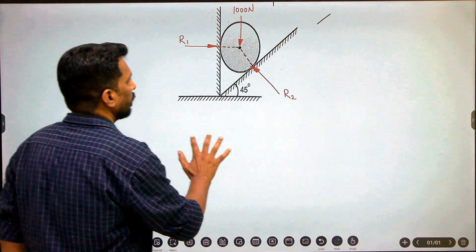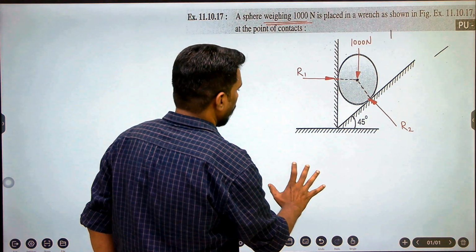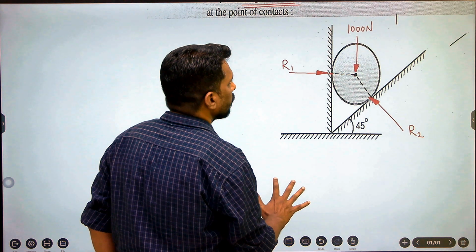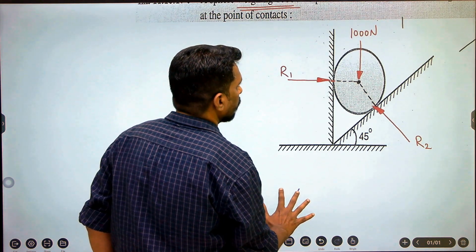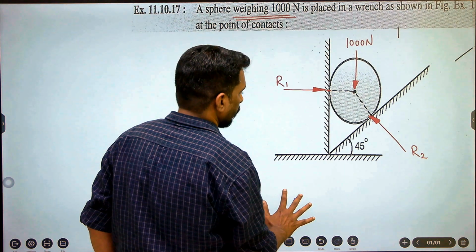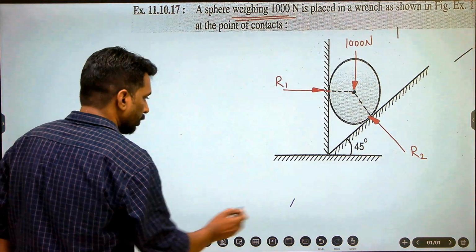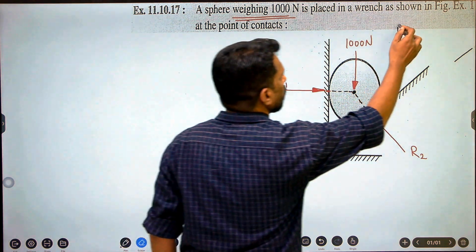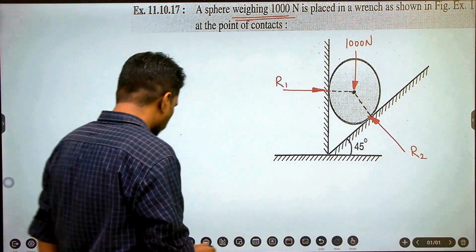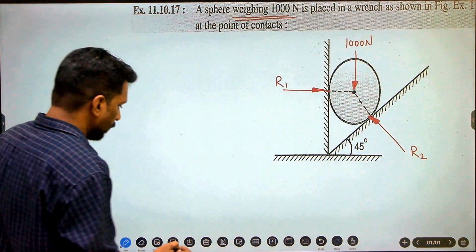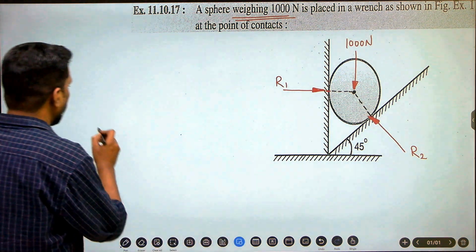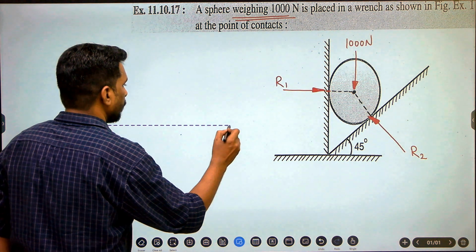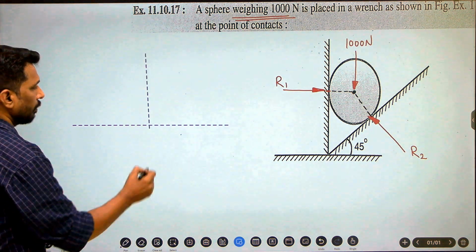If you want, I can shift it over here and enlarge this. Now coming to the FBD, first I'll draw the horizontal and vertical axis to get all the angles. So this is my horizontal axis and this is my vertical axis.